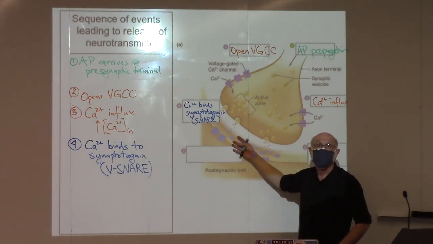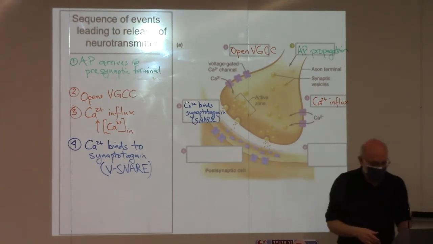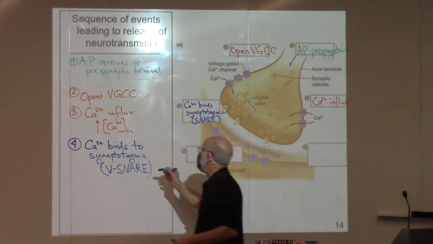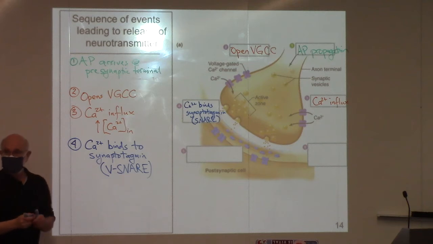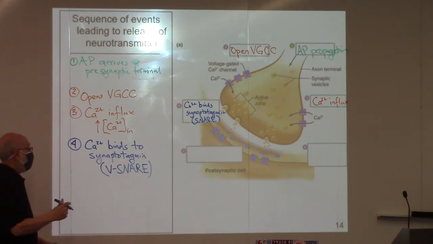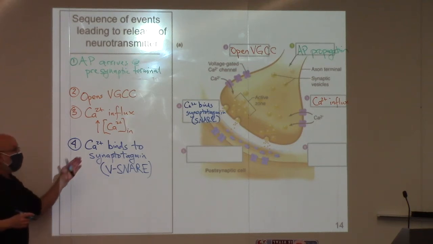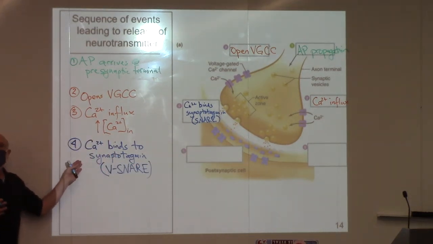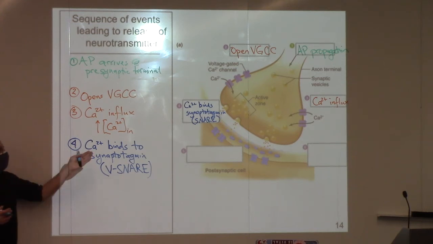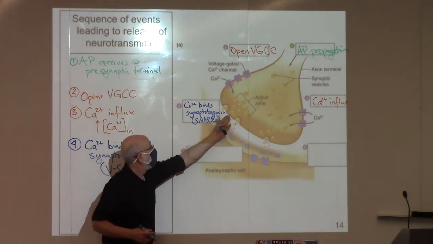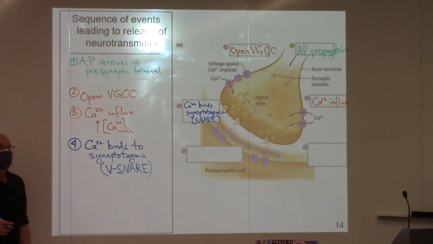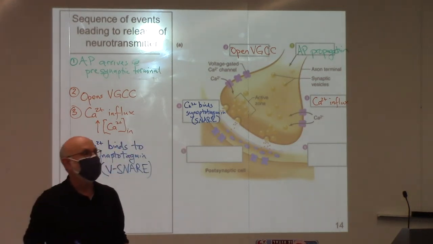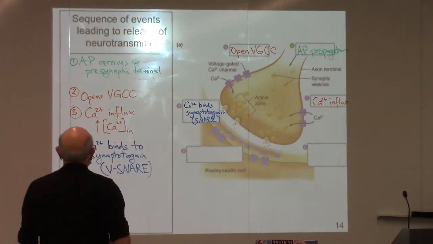What is happening here? Well, actually, we skipped a step. So calcium binds to synaptotagmin, and we have the V snare thing going on. And what else is going to happen here in blue before we get to what happens down here in black? What is this going to cause? It's shown right here. Fusion of vesicles.